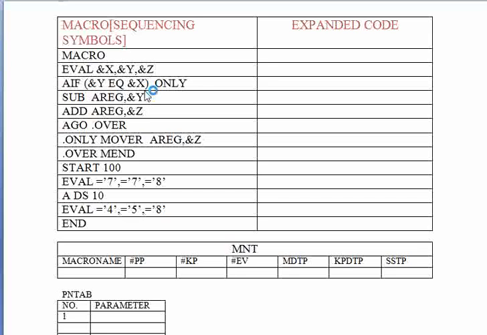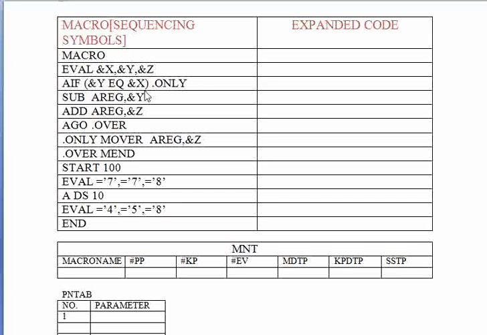We can achieve certain statements being written repeatedly during expansion, or some statements never being written, although those statements do belong to the body of the macro. This clearly shows that macro expansion need not be sequential in nature. I can have a branching statement, and based on the conditions I can branch, or I can also branch without any condition, using the AGO statement.